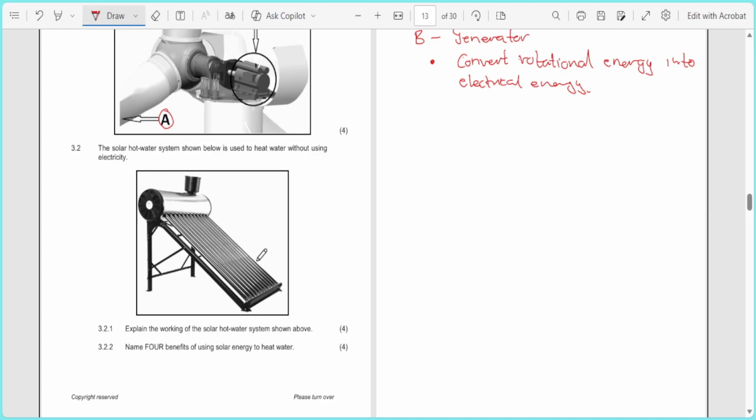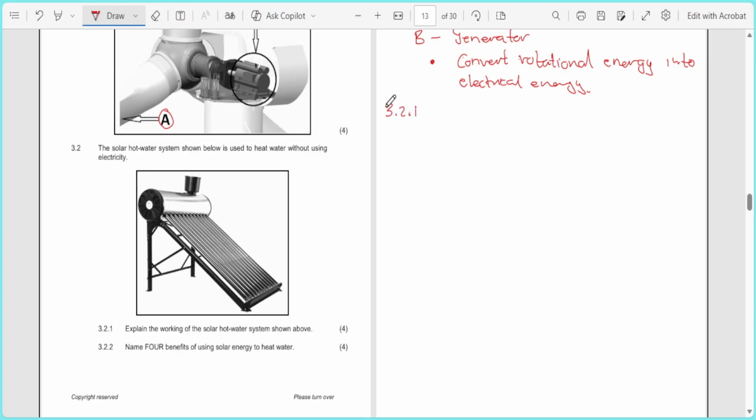I think I've seen these ones over RDP roofs, and even in some of the urban areas I've seen such structures. So this is a solar hot water system. 3.2.1, explain the working of the solar hot water system shown above.